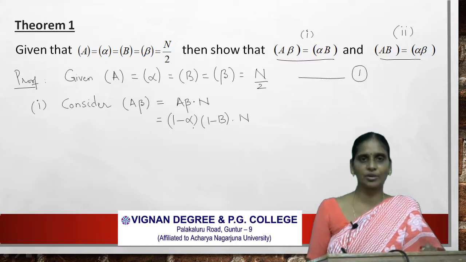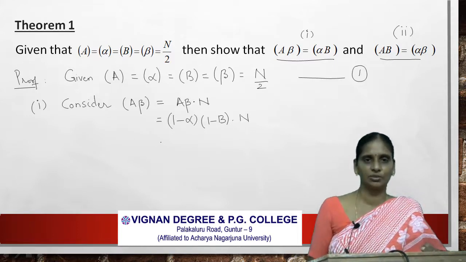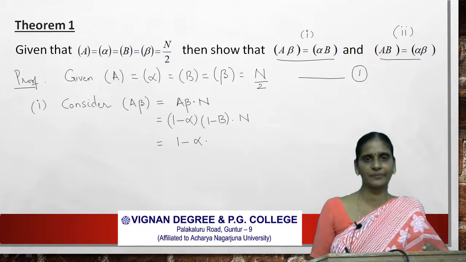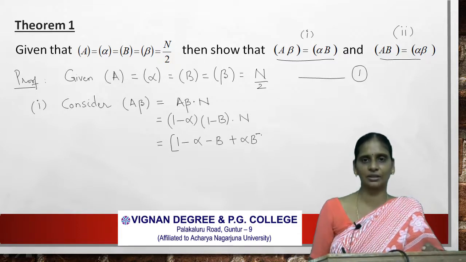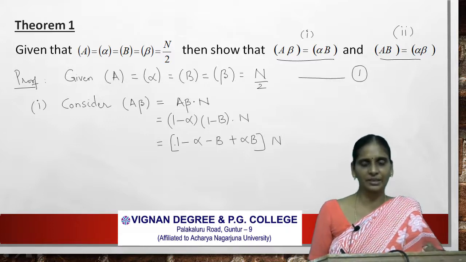In the next step, we have to multiply 1 minus alpha and 1 minus b. We get 1 minus alpha minus b plus alpha b, into n. So we have to multiply each and every attribute with n in the next step.